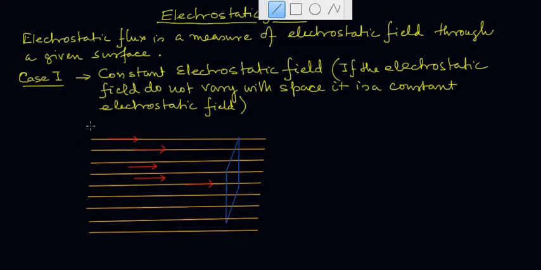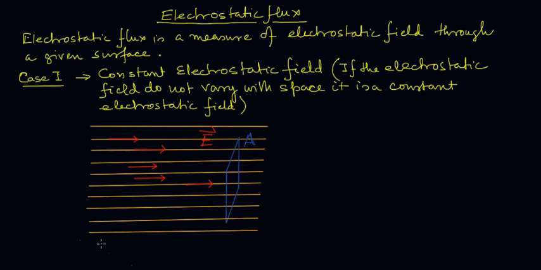If the area of this surface is A, and the electric field is E, so what is the amount of electric fields passing through this area? So the amount of electric field passing through this area, or flux phi E, is E times A.